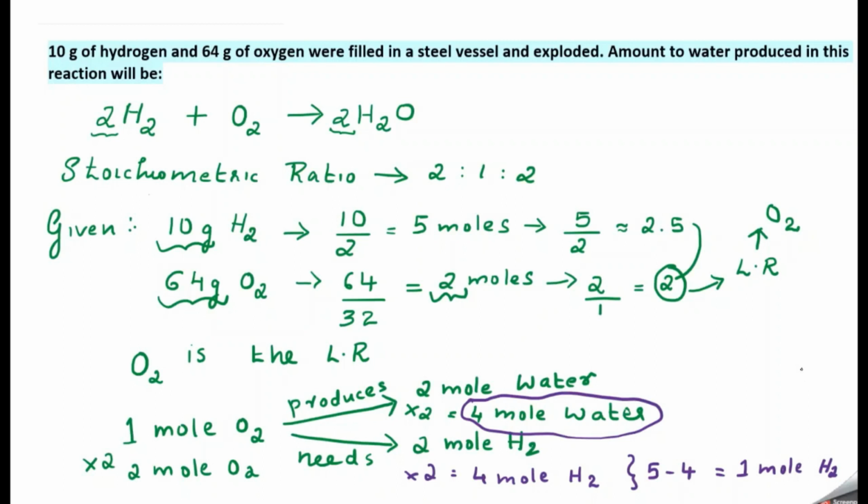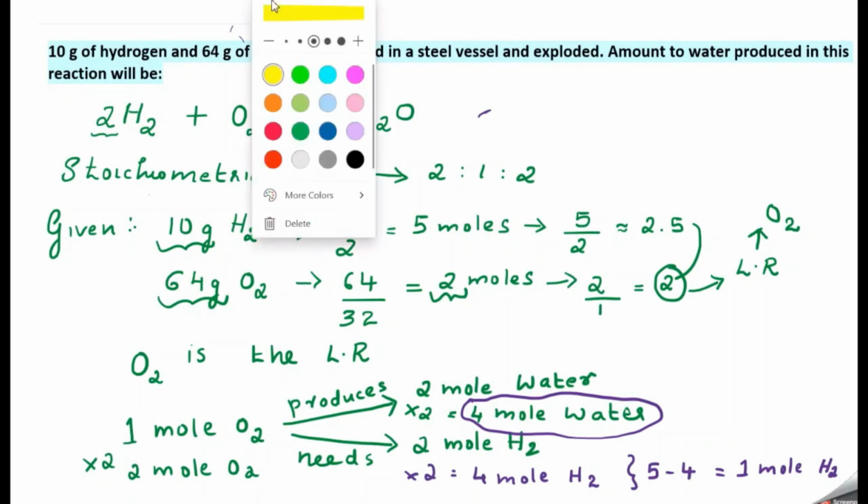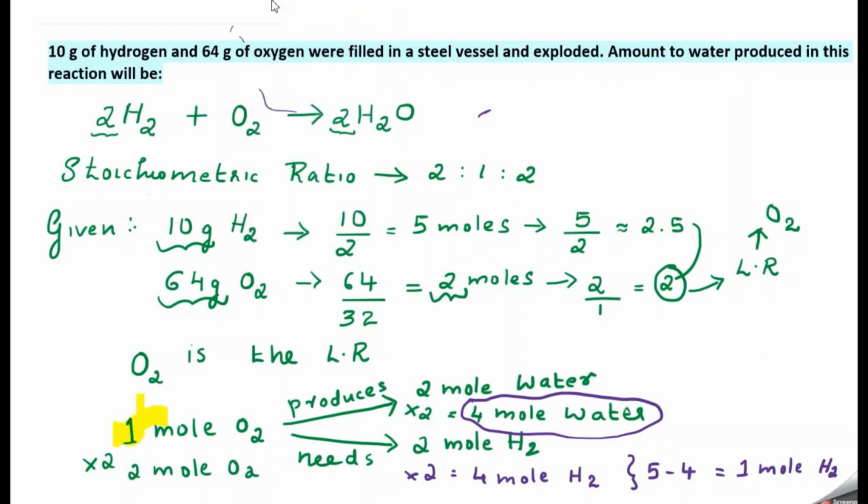I will use a highlighter so that you will get a fair idea. Fine. Now you could see here 1 mole O2. So 1 mole of O2 is giving me how much mole of water? 2 mole of water.